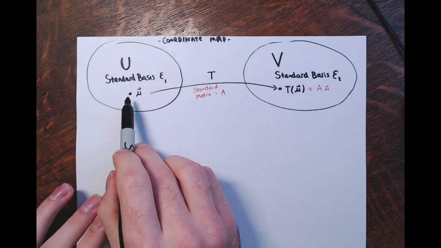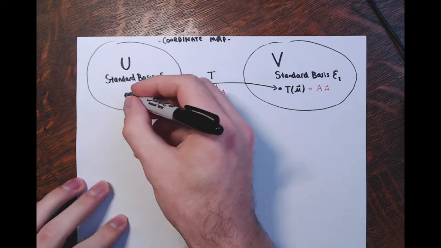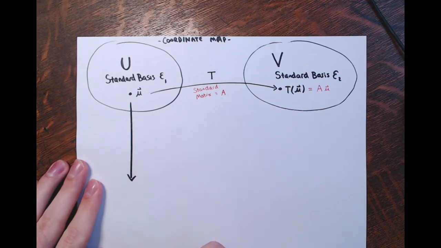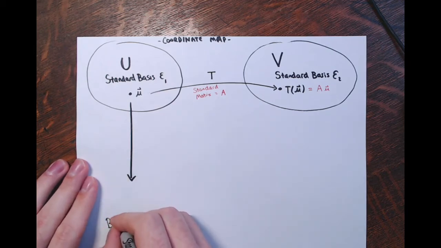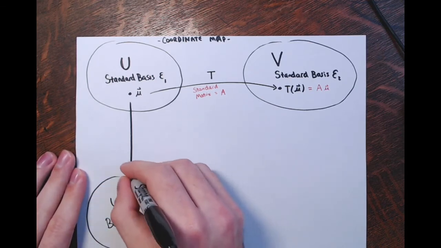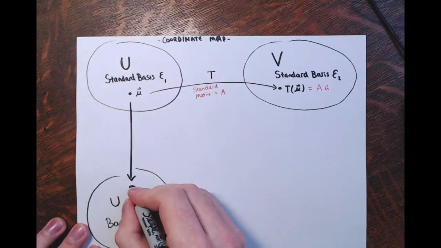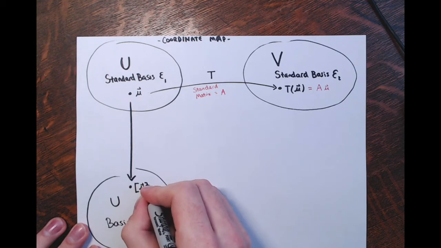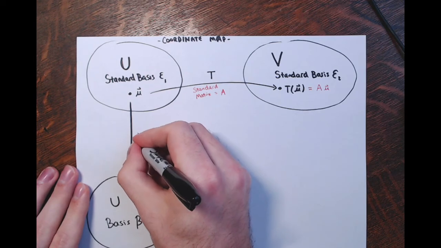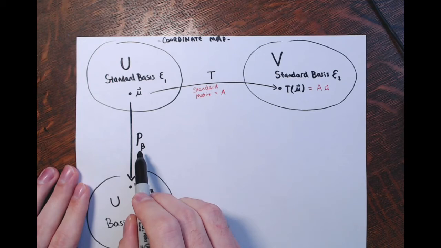Now, if I wanted to, I could take the coordinates of U and write them in terms of the coordinates for a basis B. So again, we still have set U here, domain vectors, but now I'm going to take U and change it to the coordinates of U relative to basis B. In order to do that, you multiply by this matrix called P sub B. This is the transition matrix.